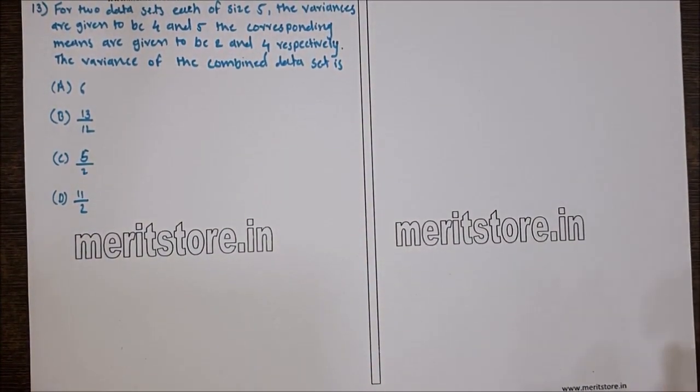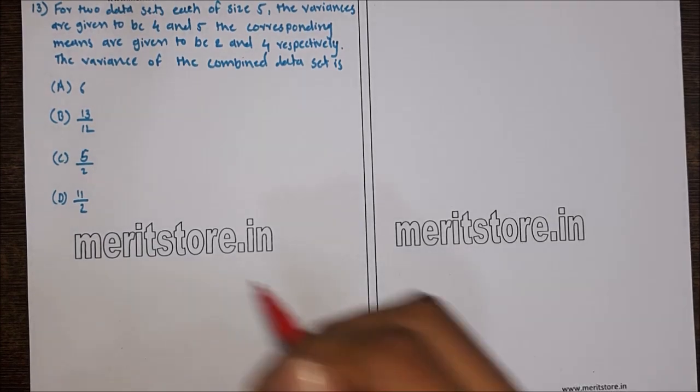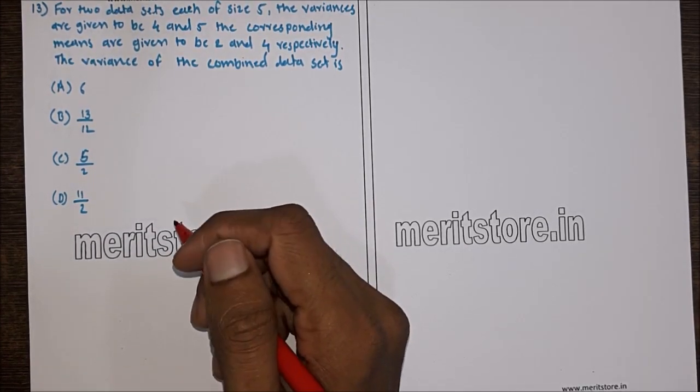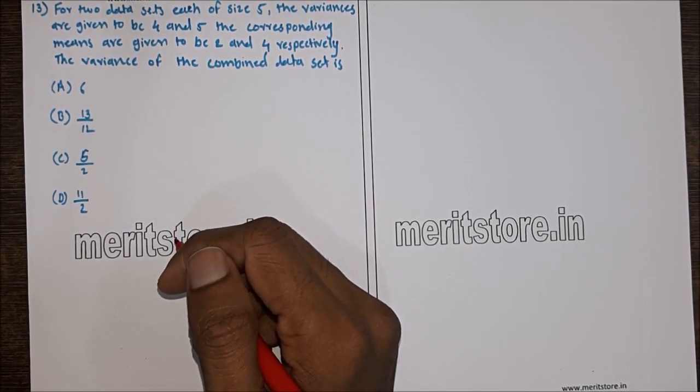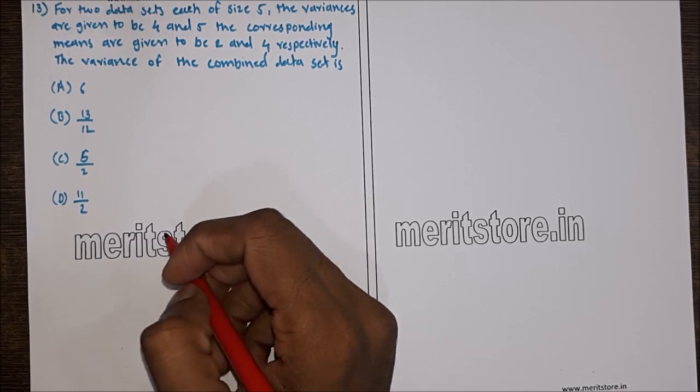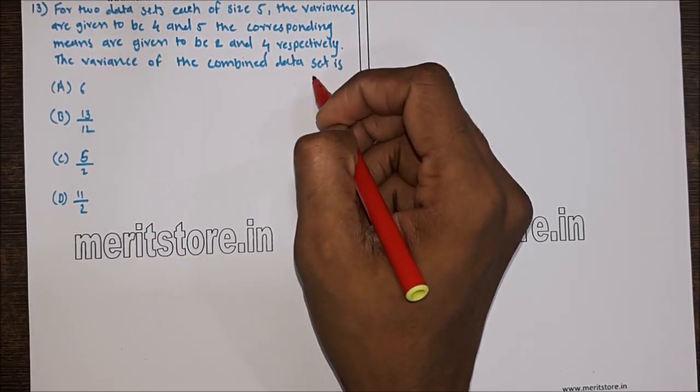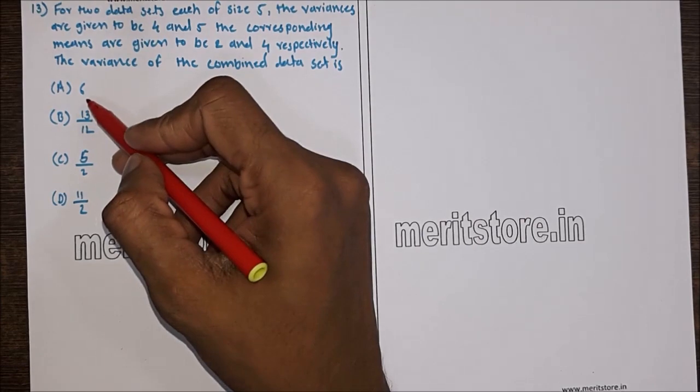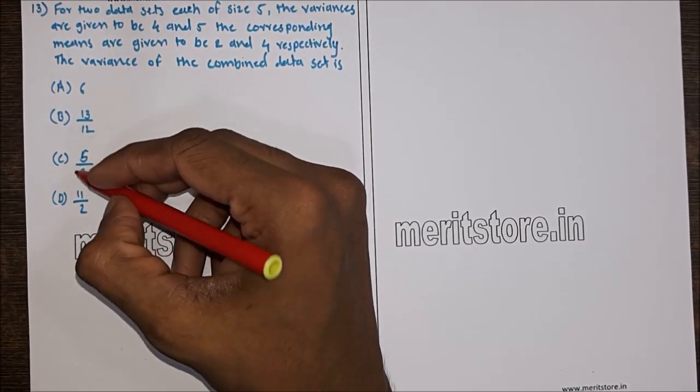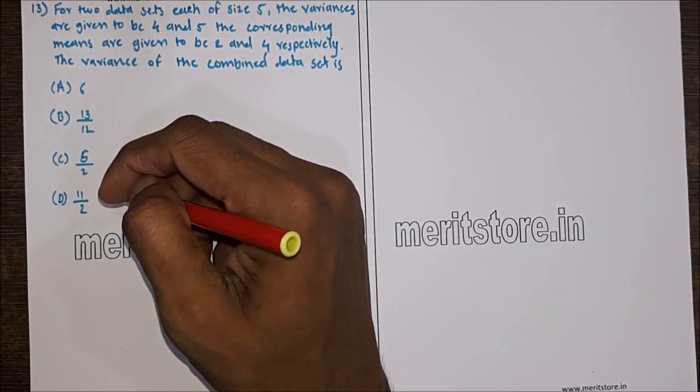Question 13. For two data sets each of size 5, the variances are given to be 4 and 5. Corresponding means are given to be 2 and 4 respectively. The variance of the combined data set is, we have 4 options: A 6, B 13 by 12, C 5 by 2 and D 11 by 2.